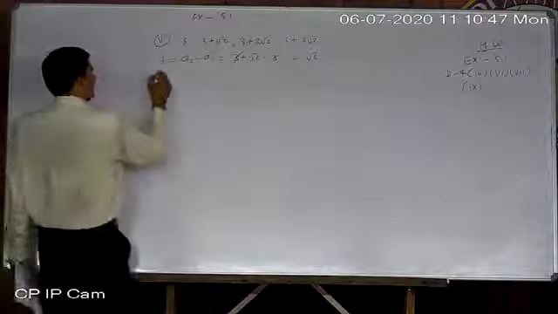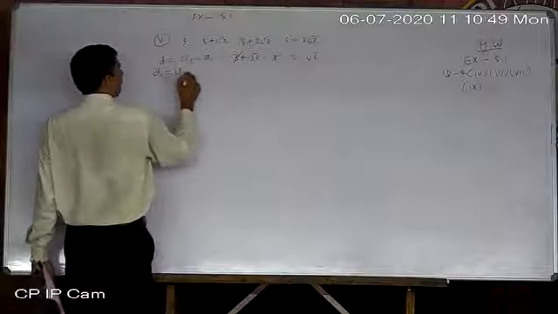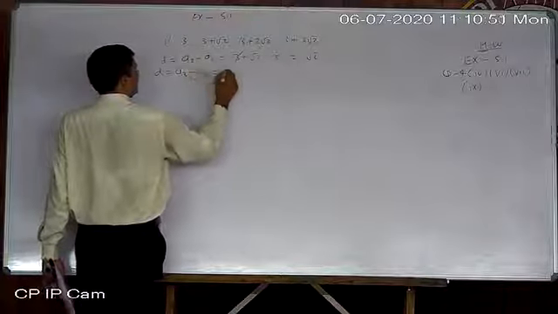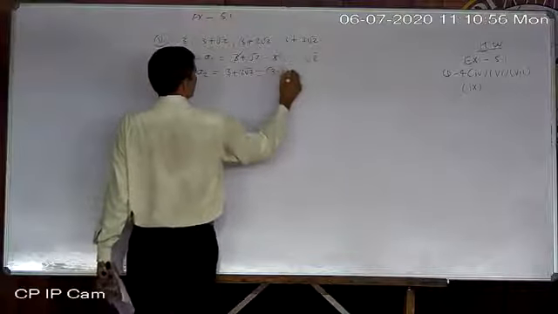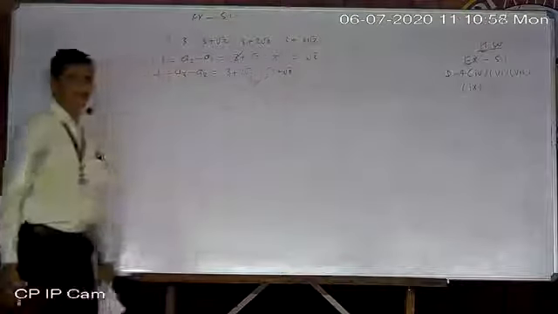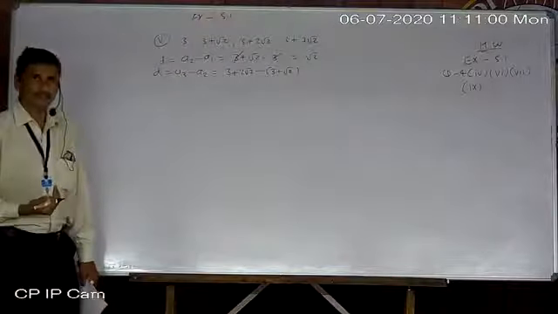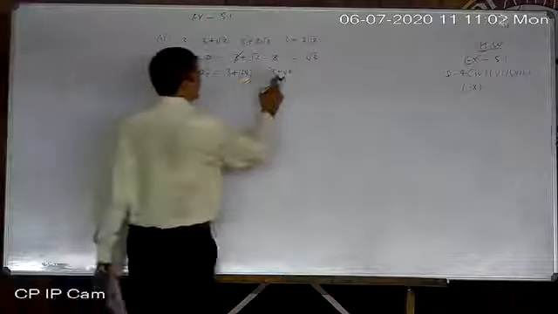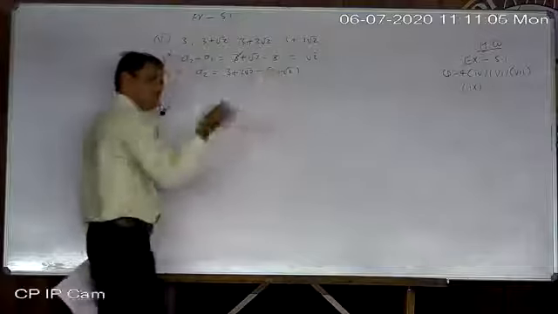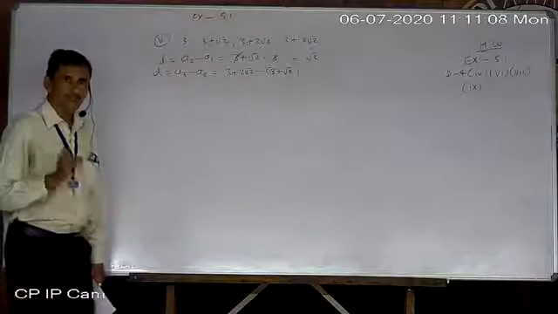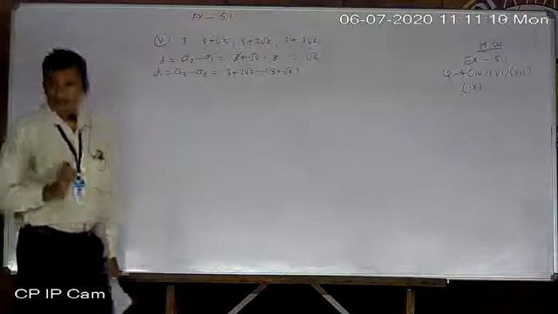Then d equal to a3 minus a2, so 3 plus 2 root 2 minus (3 plus root 2). If more than one term is there, and in front of that minus sign is there, always write in bracket. Whenever more than one term or term itself is in negative mode, then always you have to write in bracket only.